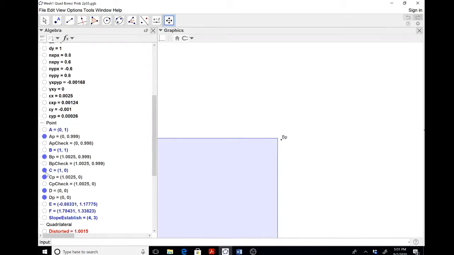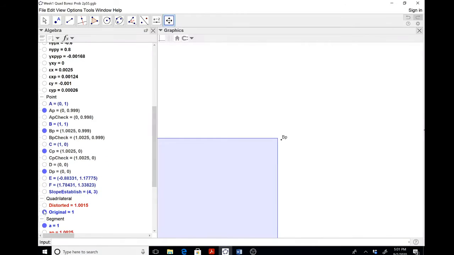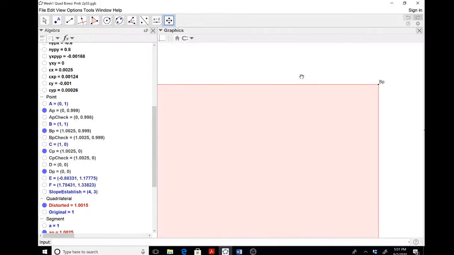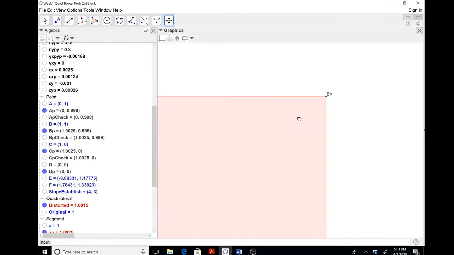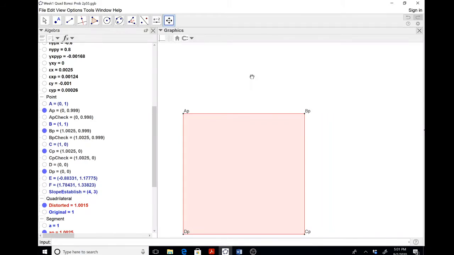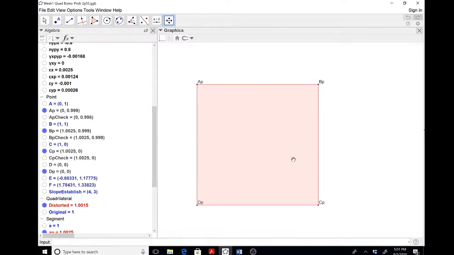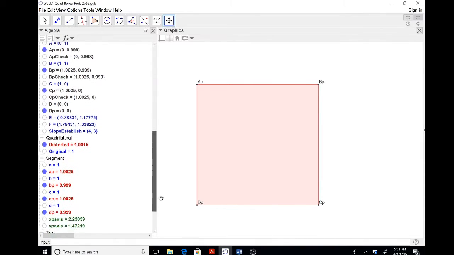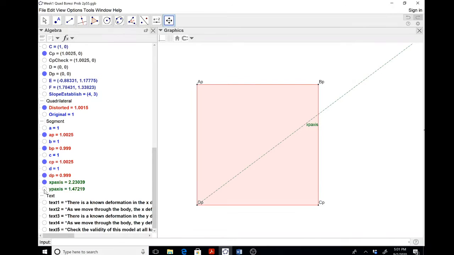So I'm going to hide the original quad, and I'll just show you the distorted quad. Okay? So the nice thing about doing this at full scale is that you could just zoom in and see these things, right?